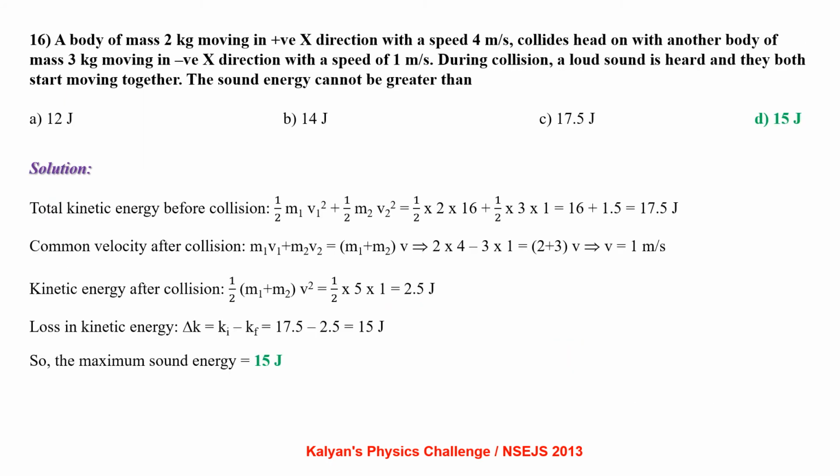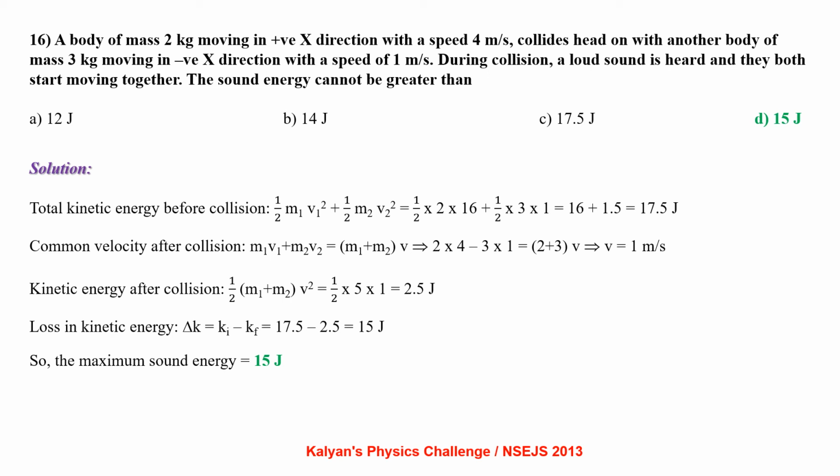A body of mass 2 kg moving in positive x direction with a speed of 4 meter per second collides head-on with another body of mass 3 kg moving in negative x direction with a speed of 1 meter per second. During the collision, a loud sound is heard and they both start moving together. The sound energy cannot be greater than total kinetic energy before collision, half m1 v1 square plus half m2 v2 square, that comes out to be 17.5 joule.